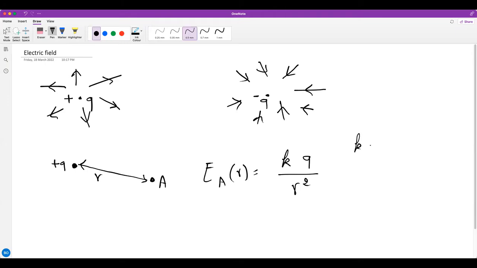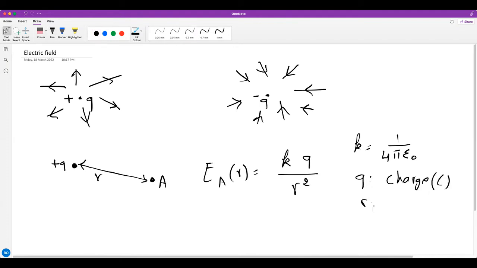So K is this famous constant, 1/4 pi epsilon 0. Q is the charge measured in Coulomb, and R is the distance in meters.